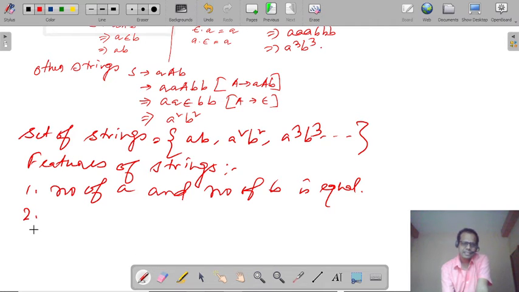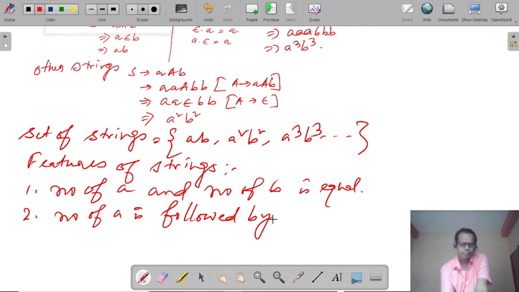Second, the a's are followed by the b's. So first all a's, then all b's.